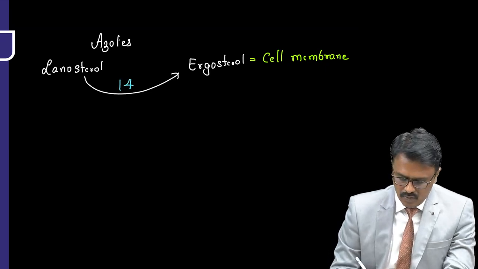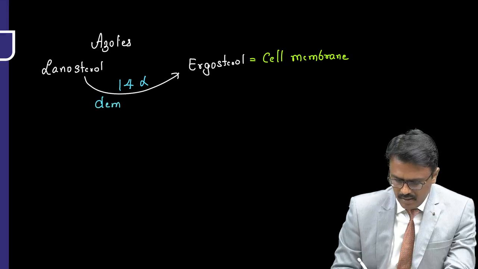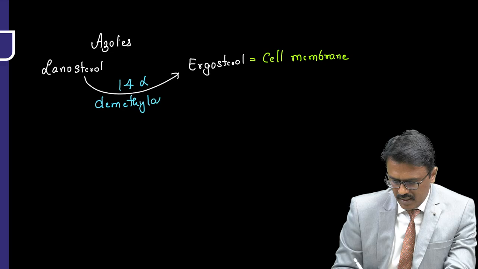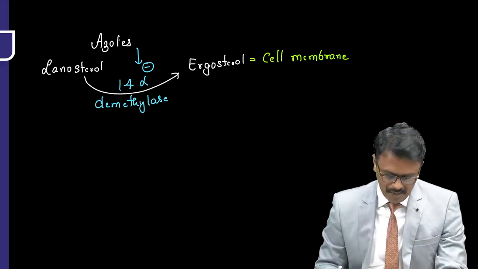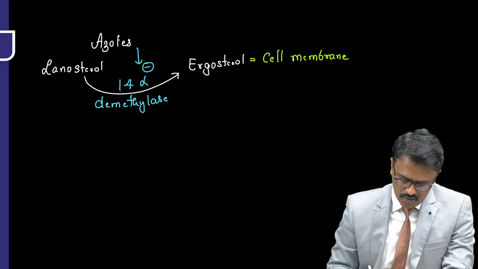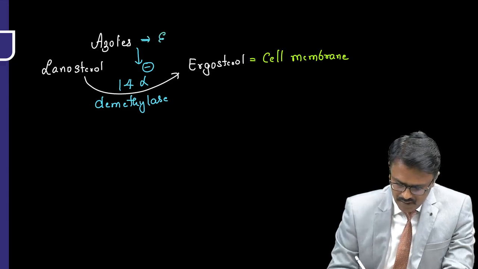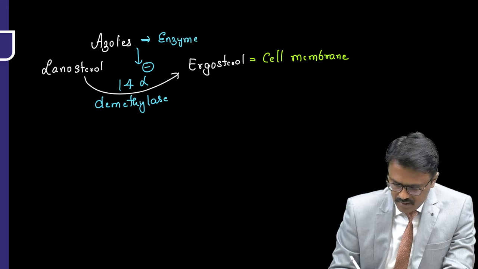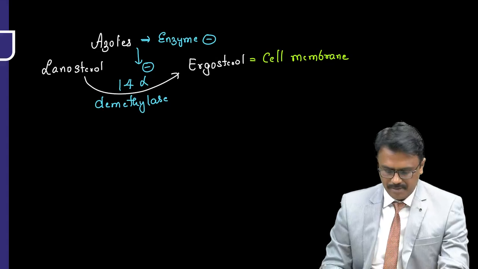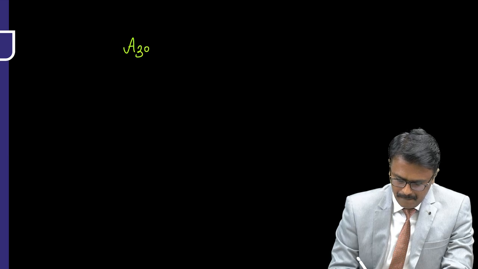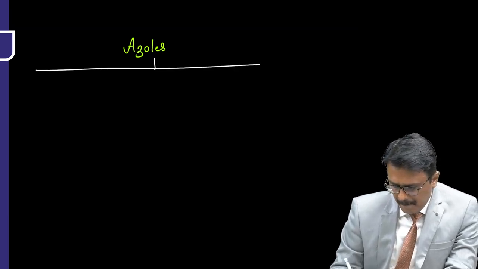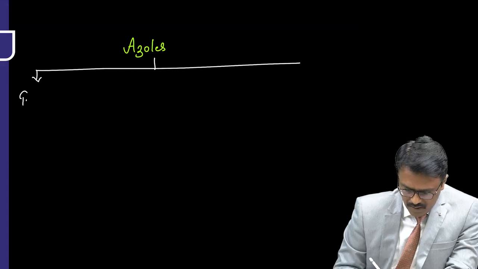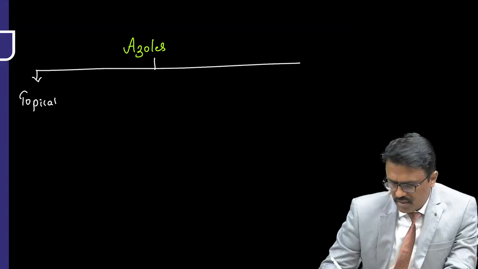It is called 14 alpha demethylase, and azoles are the drugs which inhibit this, so the cell membrane is not formed properly. Another important aspect of azoles: these azoles are also enzyme inhibitors. An example is the drug ketoconazole. So let us understand these azoles separately. Let me write these azoles in this manner: the ones which are given topically, and the ones which are given systemically.